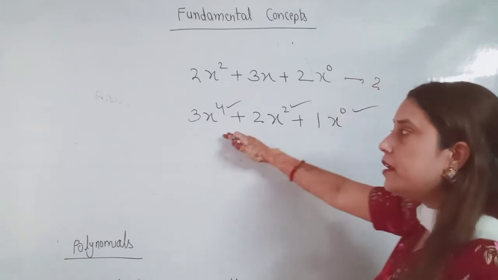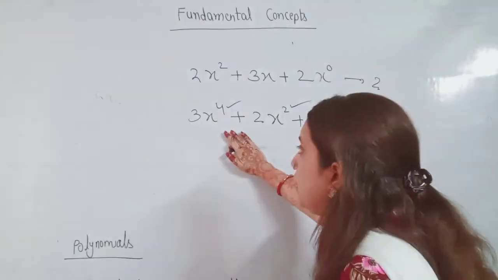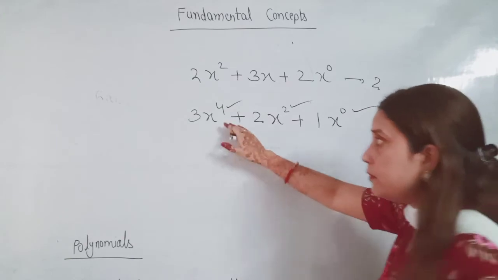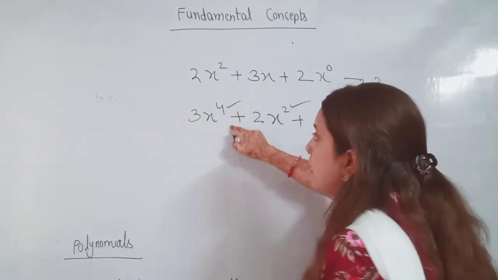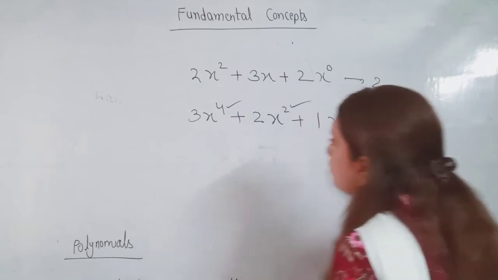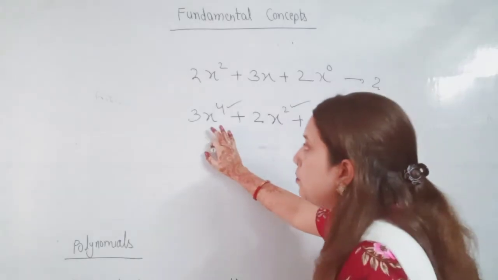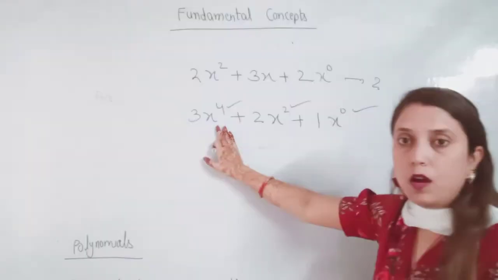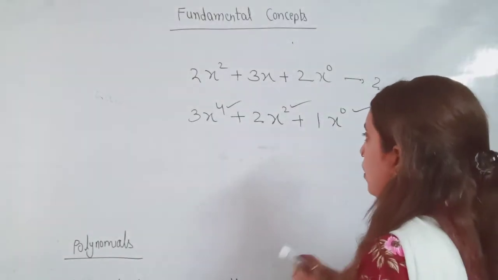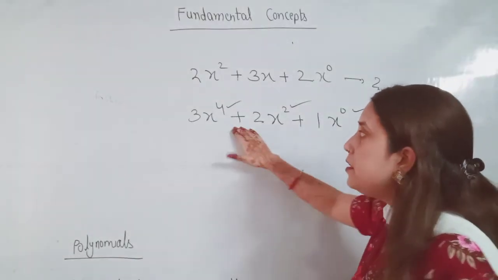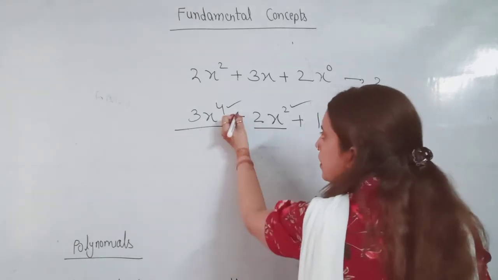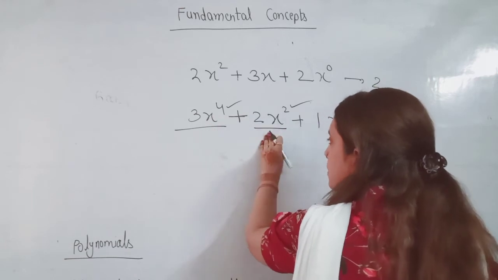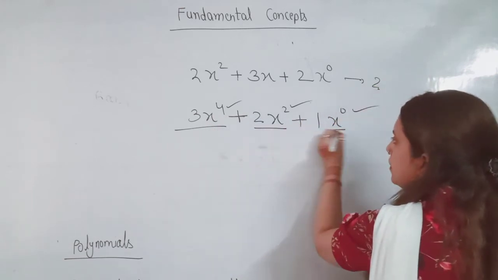And what is the degree of this polynomial? The degree of this polynomial is the highest degree of the expression. So what is the highest degree? 4. So the degree of the polynomial is 4. Now how to find the terms? How many terms in this polynomial? 1, 2, plus sign is there, so this is the second term, plus 3.